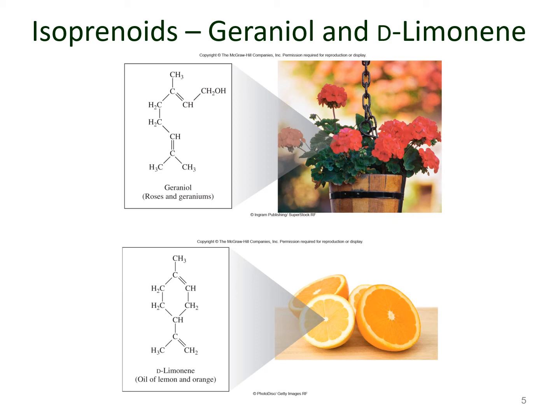One such example is geraniol, and this one is found in roses and in geraniums, which are other species of plant. So it is usually found in plants, especially in roses. And another of these isoprenoids is limonene, which is found in the oil of lemon and orange fruits. So these are two examples of isoprenoids.